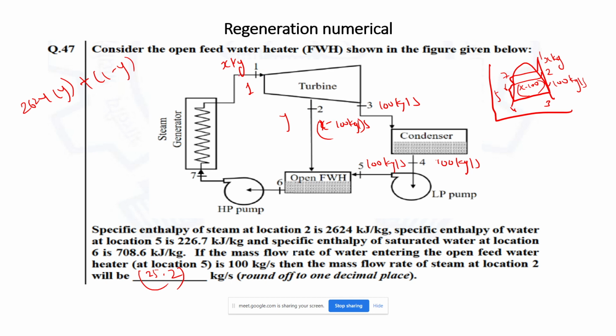So first, you can assume that x kg of it is entering into the turbine, out of which 100 kg per second is expanded, and the rest, x minus 100 kg, is extracted at intermediate stage. Okay, so they have given in the question the mass flow rate of the water entering at condition 5. So 3, 4, 5, all of them we were considering 1 minus y, so all of them will have 100 kg per second only.